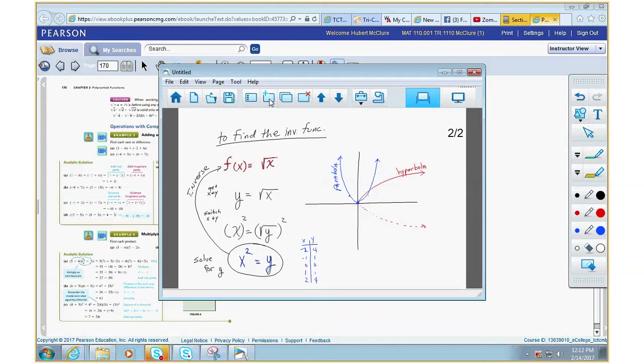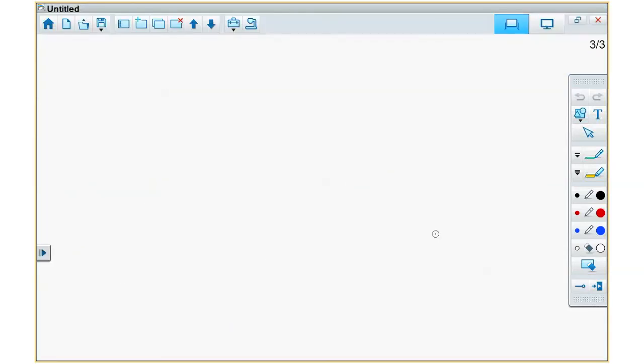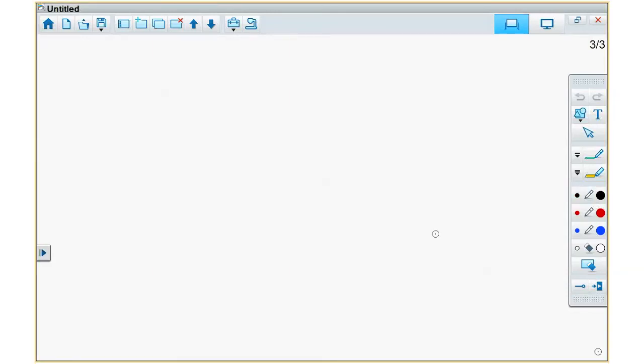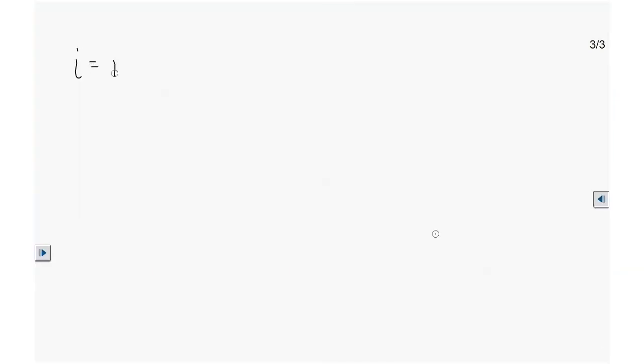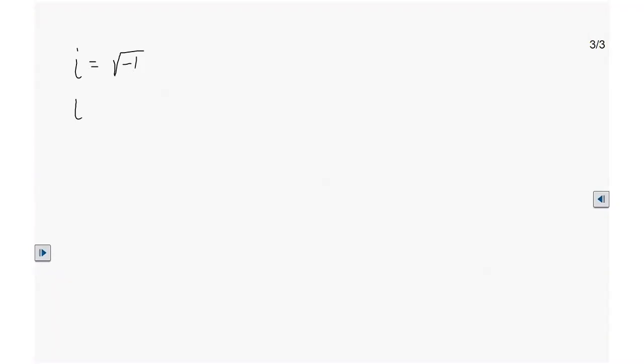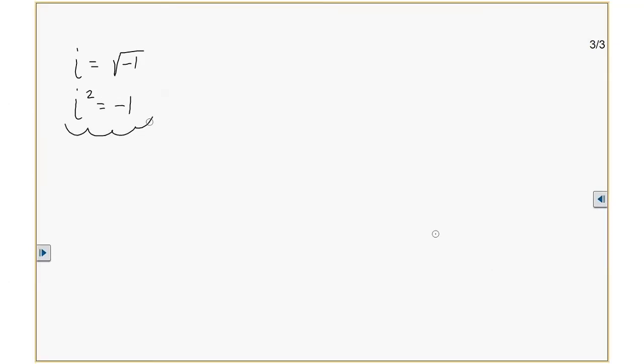Hold on. Here we go. All right. There's 2 or 3 things you need to remember about i. Here they are. i is equal to the square root of what? -1. And i squared is equal to -1. Now that is super, super, super important. You need to remember that. You need to memorize that.